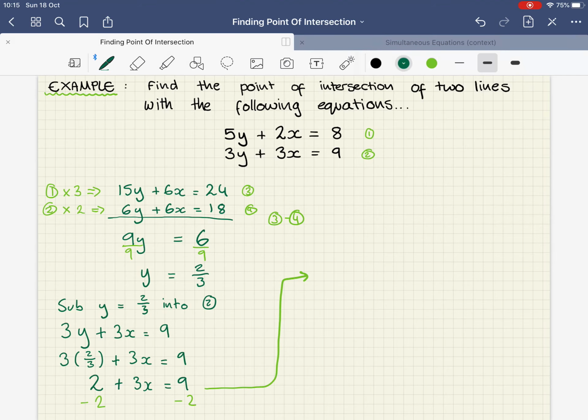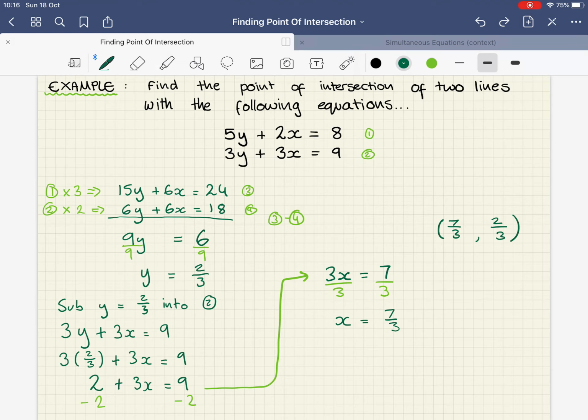So that's going to give me 3x equals 7. And I'm going to divide by 3 on both sides to give me x equals 7 over 3. And so then at that point, I've got my two values, and so my coordinates are going to be 7 over 3 and 2 over 3. Remember, that's my x and that's my y.